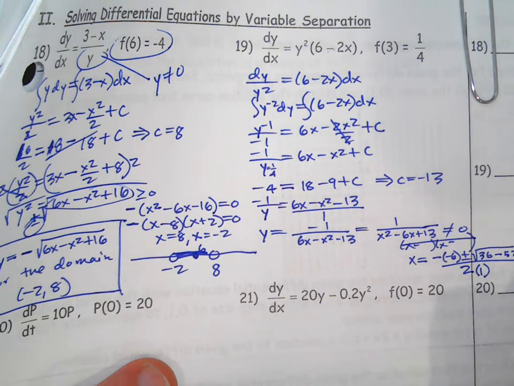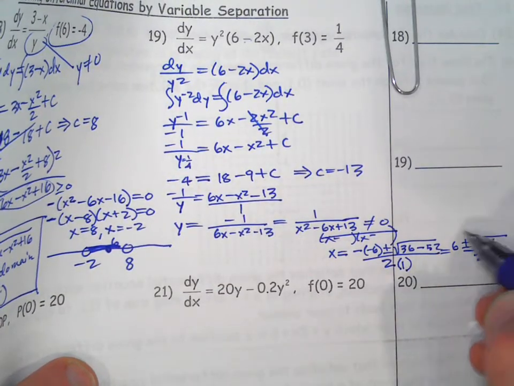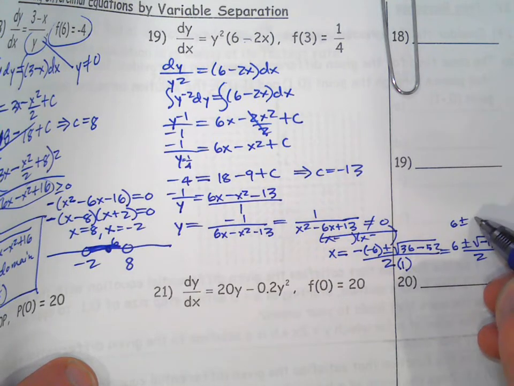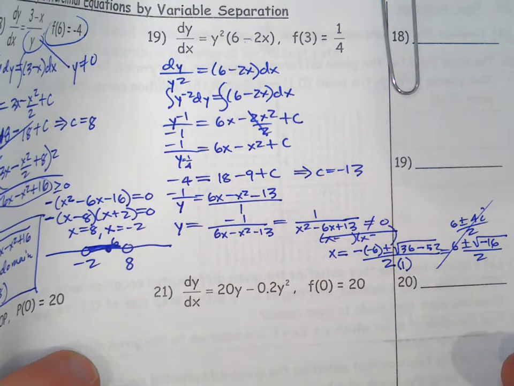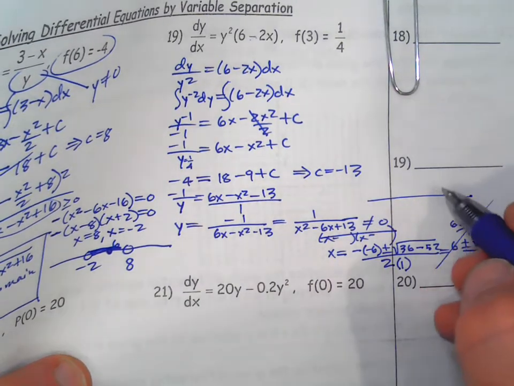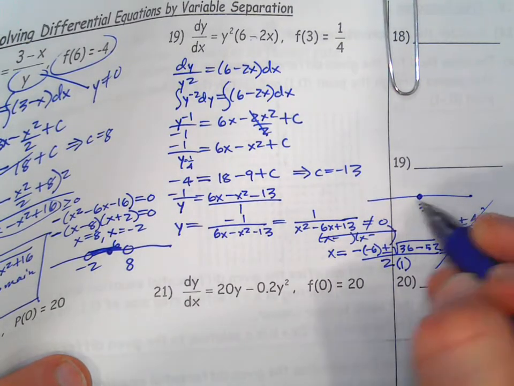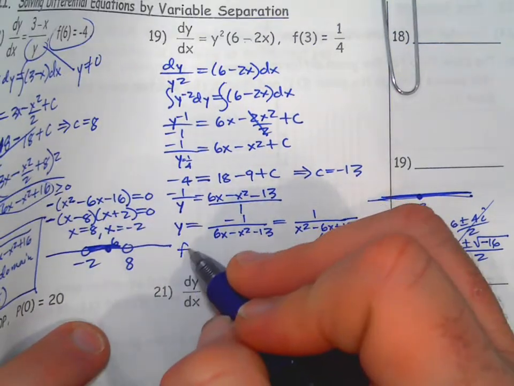Now that's going to be 6 plus or minus the square root of negative 16 over 2, which is going to be 6 plus or minus 4i. It's imaginary. So those aren't going to do anything for us. So there are no problems. So there's not really a need for even any kind of line because it's going to either be the whole line or not.